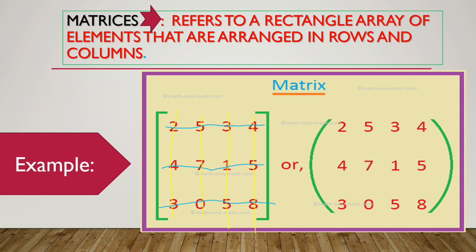This is 4 columns and 3 rows. To denote a matrix, we can denote it by using these symbols, these, or we can use that. All is correct. Let's move on next.